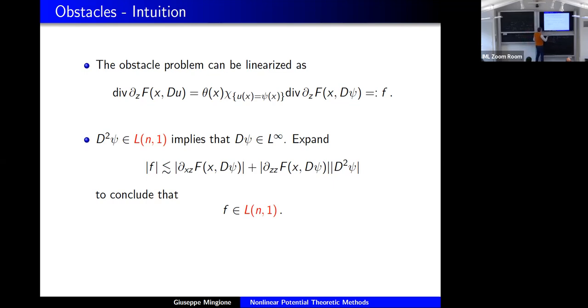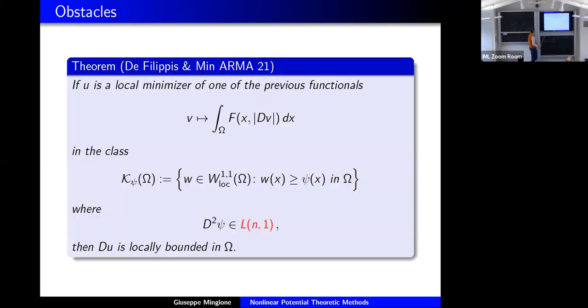Because you see, you differentiate, this is bounded because by Stein's theorem the second derivatives are in L^{n,1}, so this is bounded, this is bounded. You get that the right-hand side is in L^{n,1}, you apply the previous result and you get the result. And this works in full generality for any obstacle problems with bad coefficients, bad growth, and whatever. It's a general result.